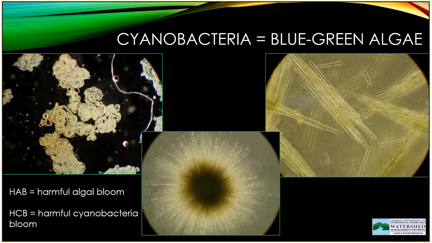The dinoflagellate red tides are harmful to people and animals, as are the golden algae blooms. I use the term HCB, and others are beginning to use that term as well, harmful cyanobacteria bloom, as a way to distinguish cyanobacteria from these other organisms that are captured under that more generic term of harmful algal bloom.